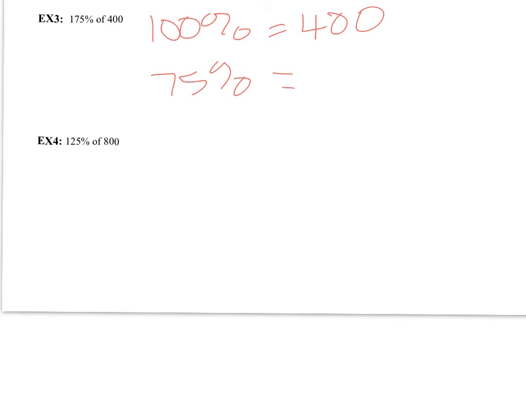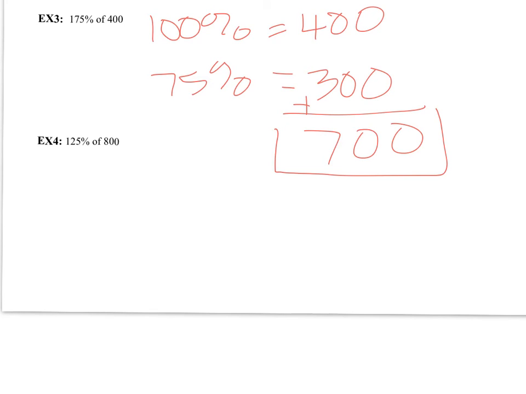And then 75% of 400 would end up being 50, which is 200, and then we can add another 100, which would be 300. So now we would add both of those values together, and that would get us the number 700. So your value would end up being 700.